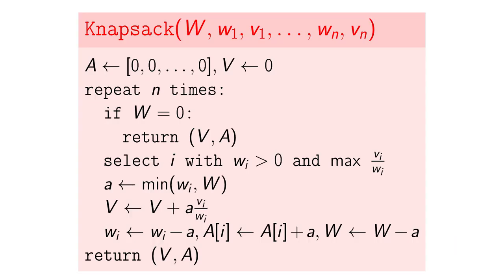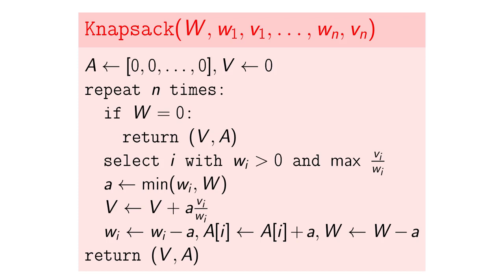Now let's implement it. Here we have a procedure called knapsack. It starts by filling the array A, with the amounts of items taken, with zeros, and the total value we also initialize to 0. And then, as we said on the slide, we repeat n times the following iterations.